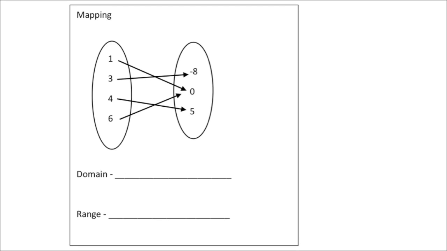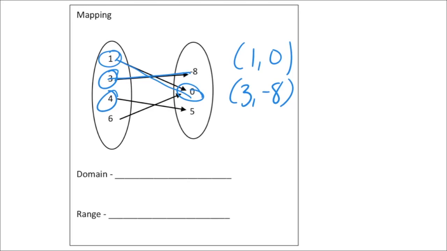And for our last example, we have a mapping. A mapping is just a pictorial way of showing you how the domain and range go together. If you've never seen one, it's like this. 1 goes with 0. If you were to write that as an ordered pair, it would look like that. And 3 goes with -8. And 4 goes with 5.